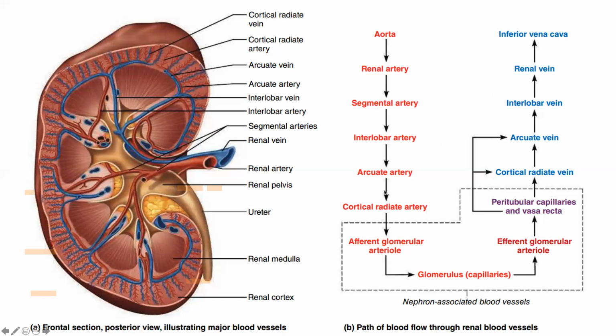From the cortical radiate artery, we have our afferent arteriole, afferent glomerular arteriole, which will form the glomerular capillary, and then leave as efferent glomerular arterioles, and then they will continue as peritubular capillaries before they become cortical radiate veins.